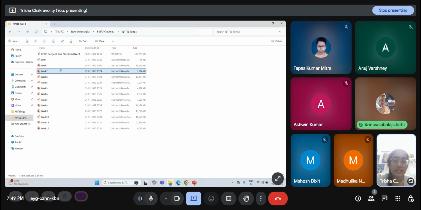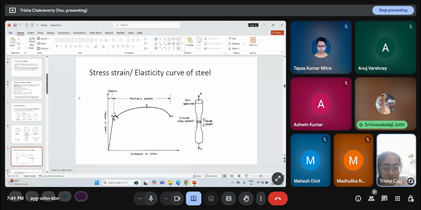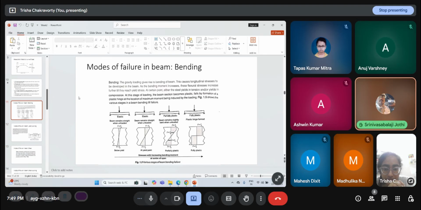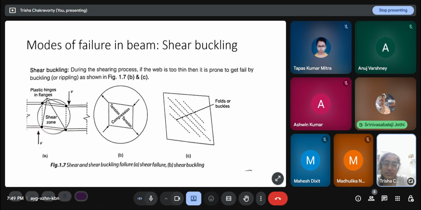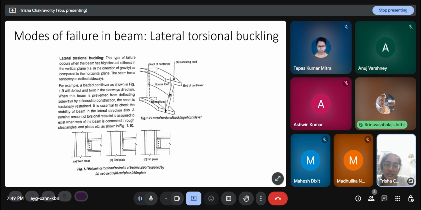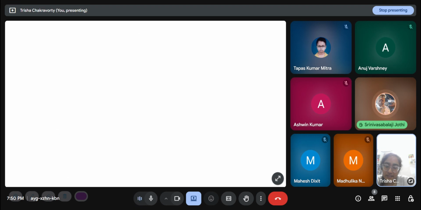Do you want this in the context of weld or just in general? In general. But you listed something else there, that's why I'm asking. No, I listed bending, local buckling, shear buckling, web crushing and buckling, lateral torsional buckling, and deflection. These seven only I listed.